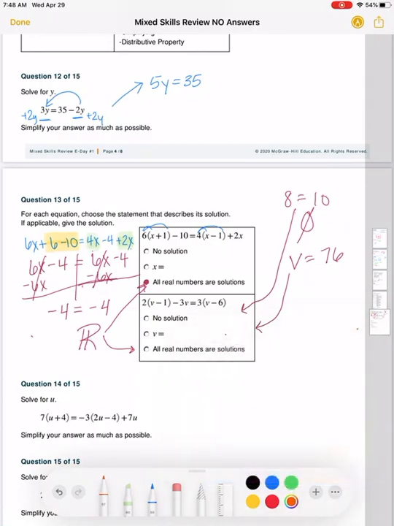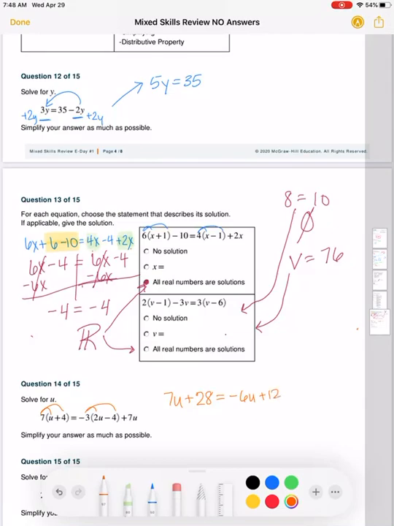All right, let's look at number 14, looking at distributive property and combining like terms. So we're going to distribute. We're going to get 7u plus 28 equals, careful, this one's a negative, negative 6u.